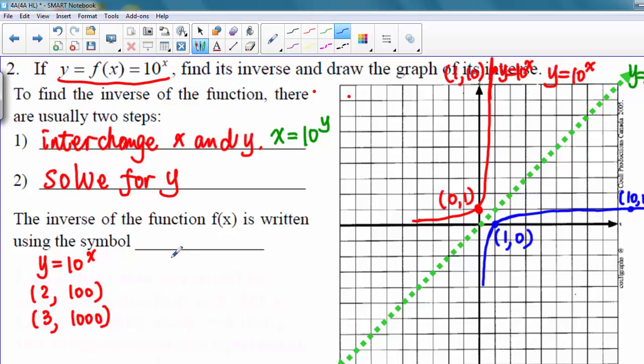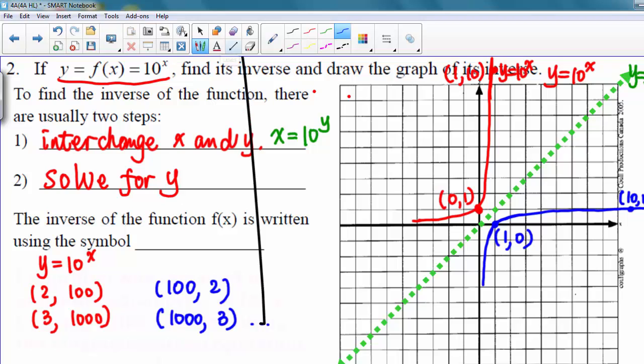The inverse function, although I don't know how to express the inverse one yet, must pass through (1, 0), (10, 1), (100, 2), (1000, 3), and so on.